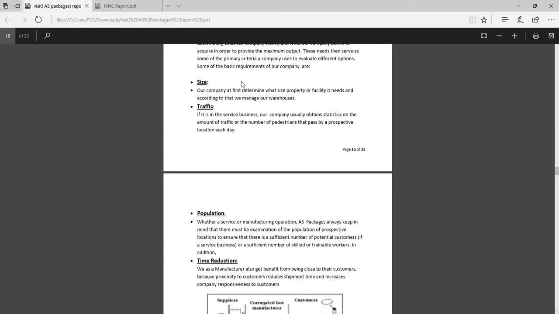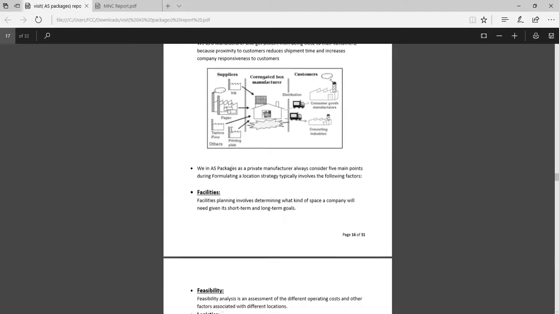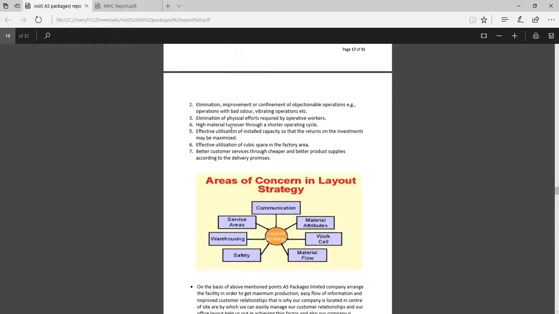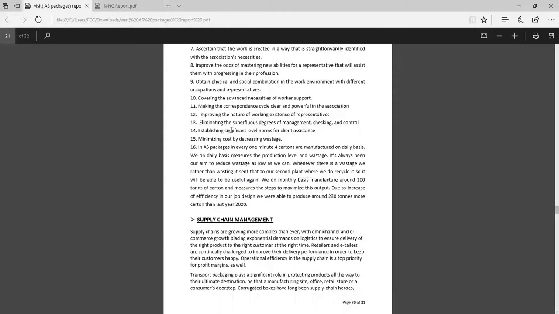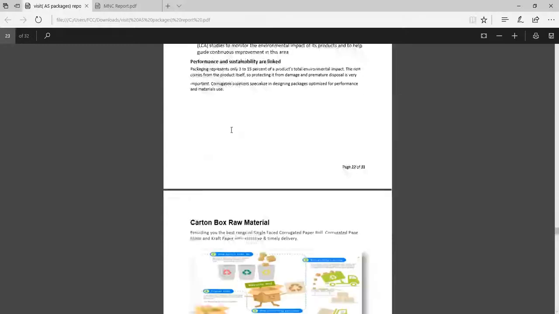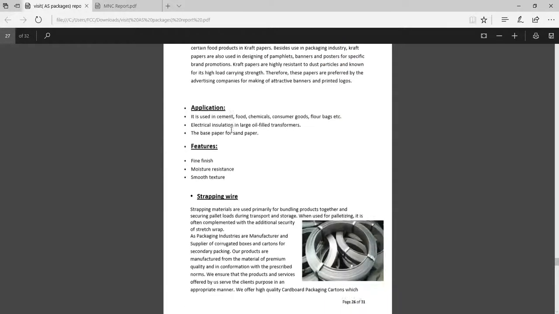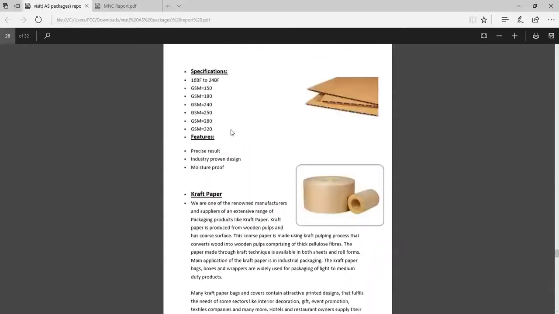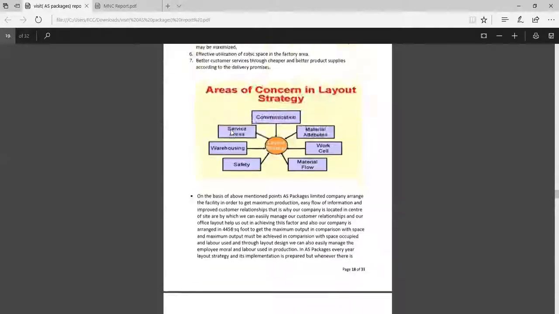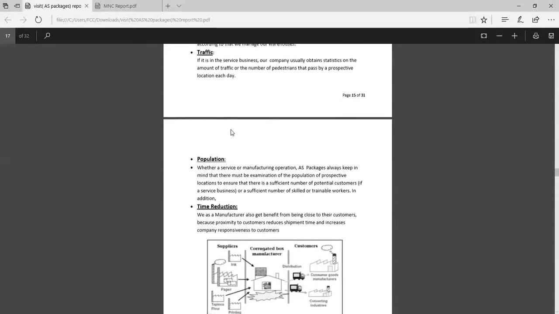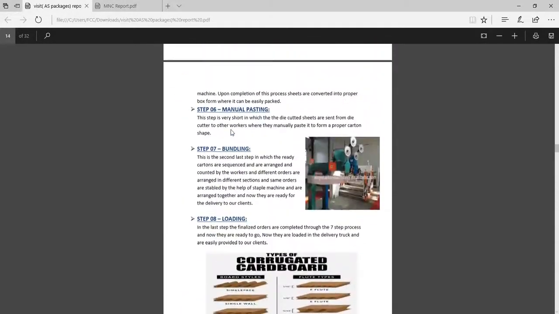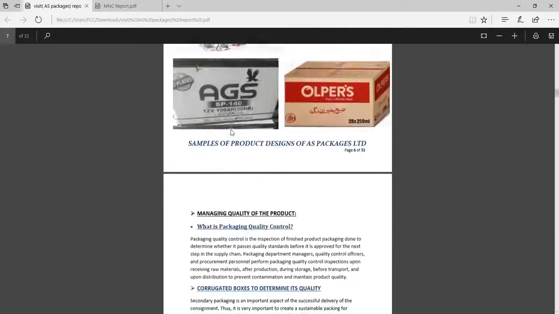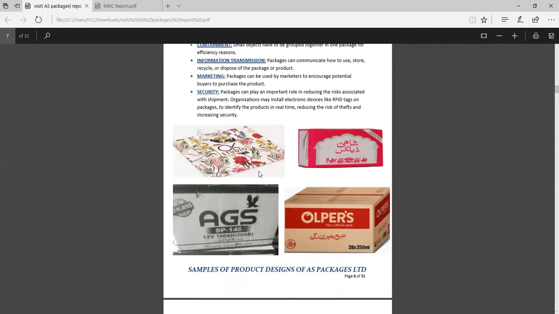Here are their sizes, traffic, population, time reduction, facilities, feasibility, logistics, labor, and then, not the least, the most important part: their raw material and their consumers, because every organization runs on its consumers. They have a lot of consumers in the market, and we got to know that they have potential consumers such as Shy Deluxe, Phoenix Battery, AGS Battery, Allpers, and Alkerm Studio.